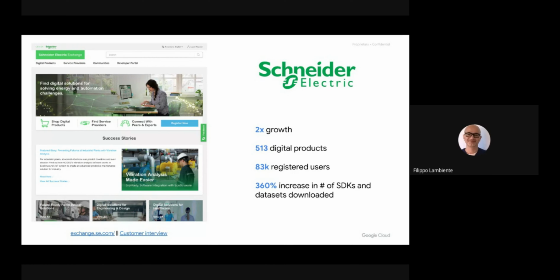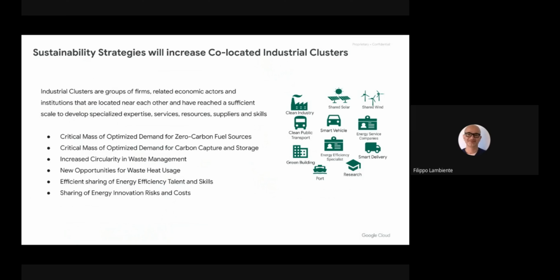And the way it is possible to achieve this connection, this link, is thanks to the digital product, the digital twin, which in the majority of cases is implemented with the API. And if we extend this concept further, we will see more and more the creation of co-located industrial clusters.